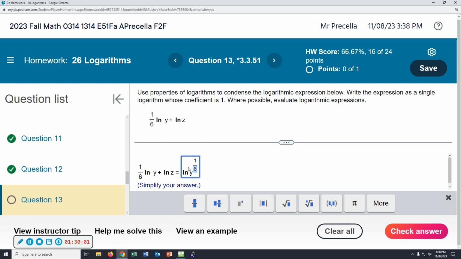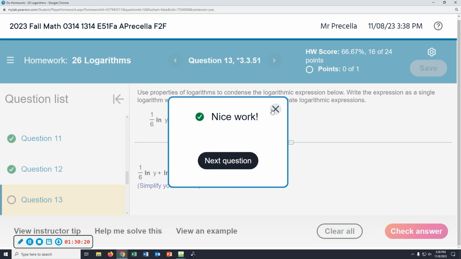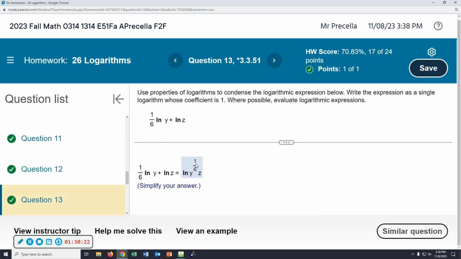I would have preferred the 1/6 with a slanted fraction bar, but okay. And then get out of that exponent. Z right there, you see? Let me go like that and a Z. Any questions there? In order to have a fraction bar in the condensation, you better have a minus in front of one or more of those logarithms.